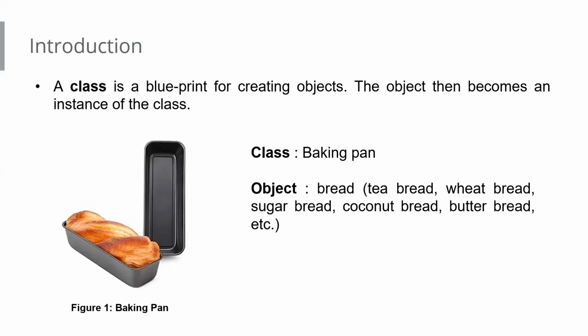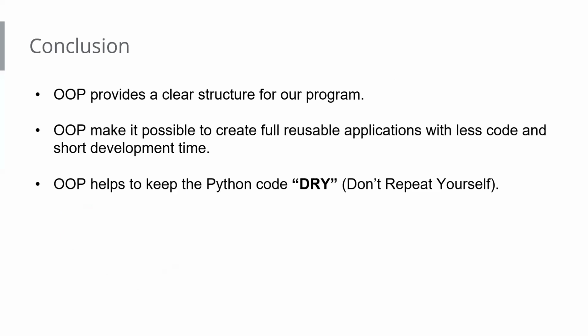If you are looking for a blueprint for creating objects, this baking pan can stand in as a blueprint. It is like the steady guide from which we create objects. The objects we can create out of this baking pan can be, of course, bread, but we can have different variations of bread. You can have tea bread, wheat bread, sugar bread, coconut bread, butter bread, and any other bread combination that we may come up with.